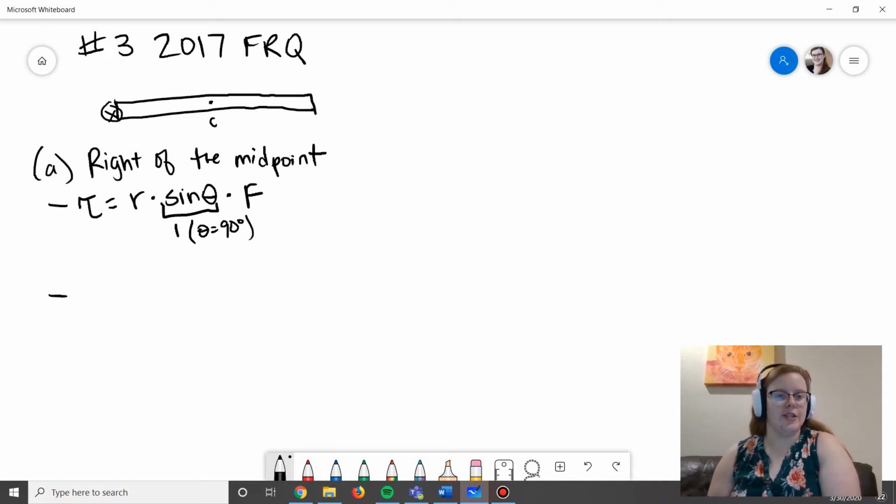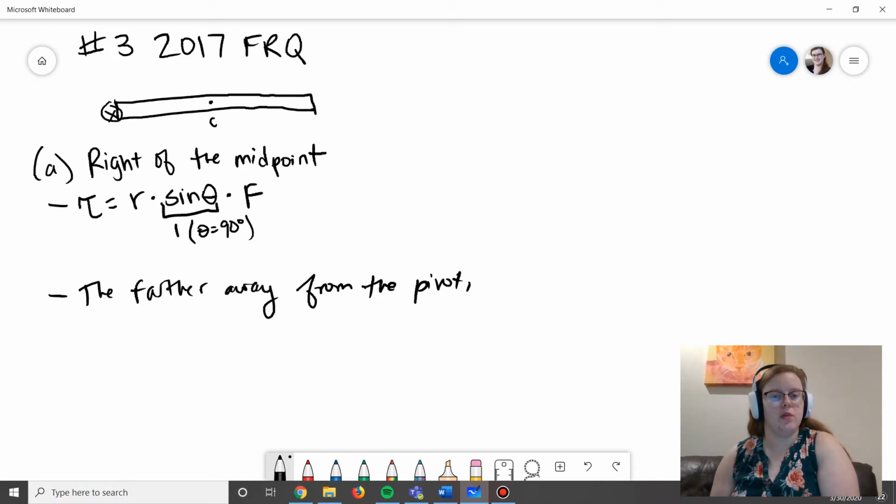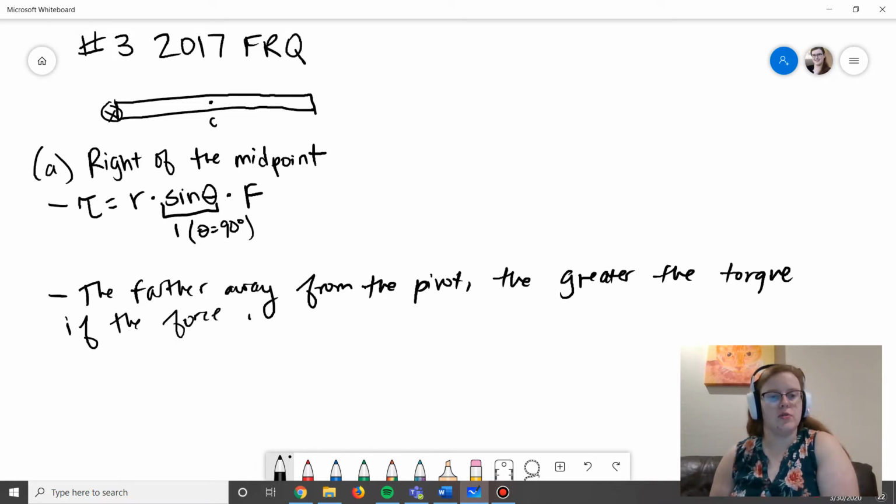So our justification in this equation is that the farther away from the pivot, the greater the torque if the force remains constant.